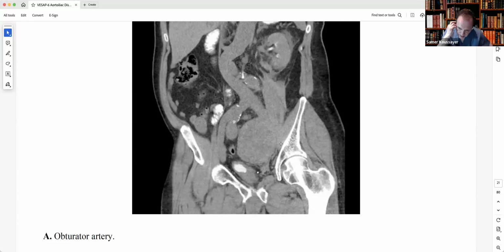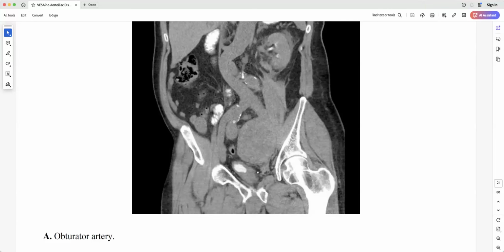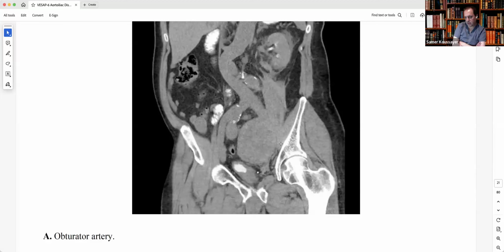The problem with putting a covered stent is the discrepancy between the common and external iliac artery, because the common iliac artery is large and the external iliac artery is smaller. We can use a VBX and balloon the proximal part more. It will shorten, but you will overcome the discrepancy. In general, it's better to use a self-expandable covered stent, not balloon expandable, because self-expandable takes the shape of the artery.